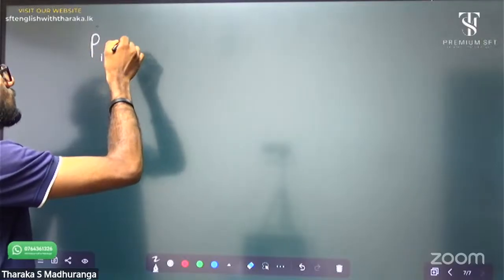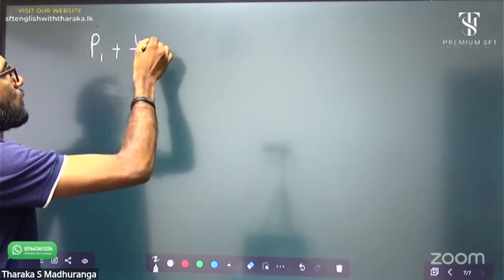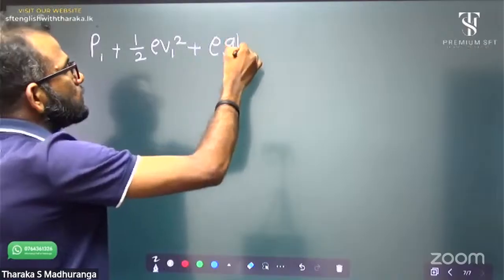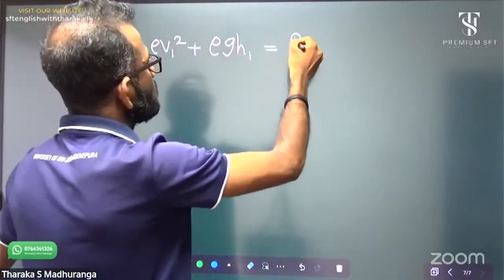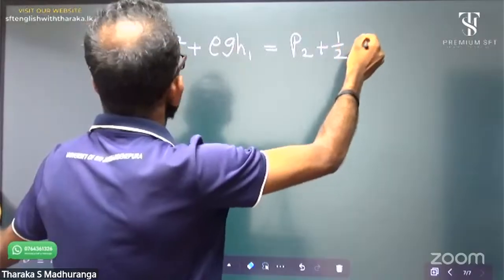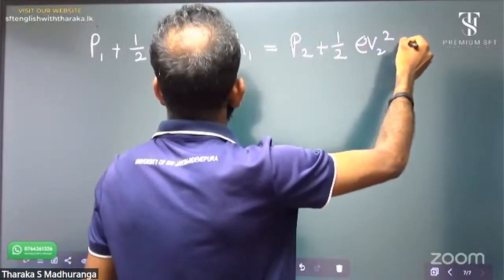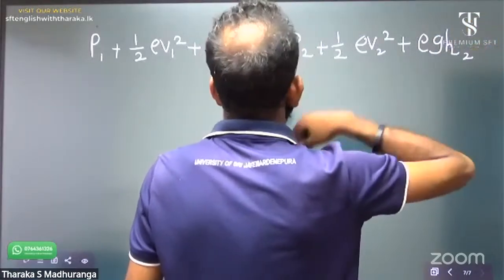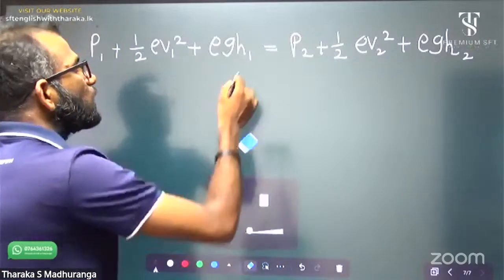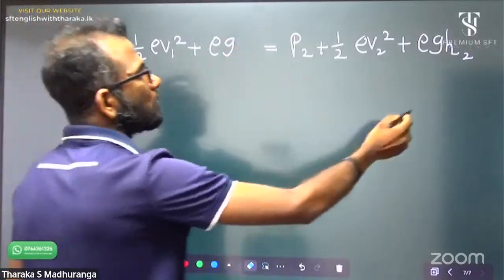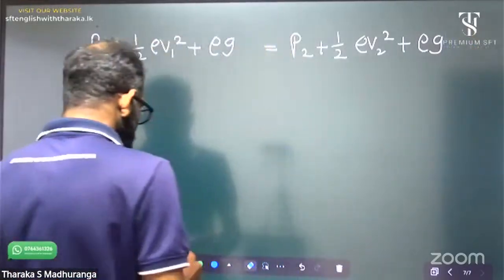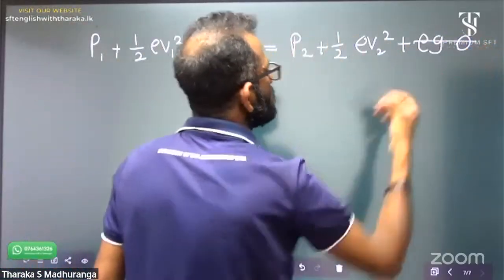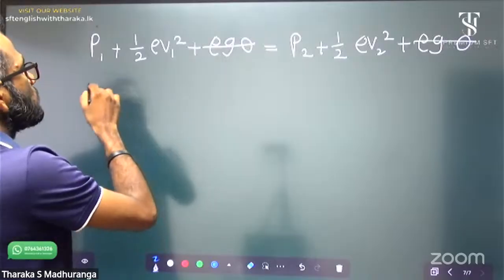P1 plus half rho V1 squared plus rho gh1 equals P2 plus half rho V2 squared plus rho gh2. Now h1 and h2, there is no gap, meaning both are zero. The potential energy terms cancel out.